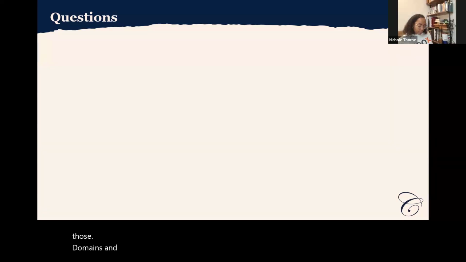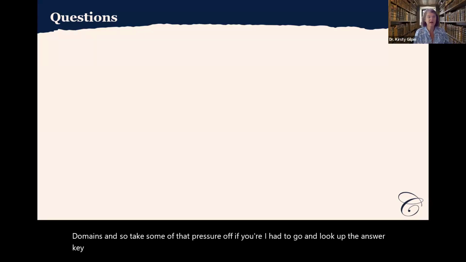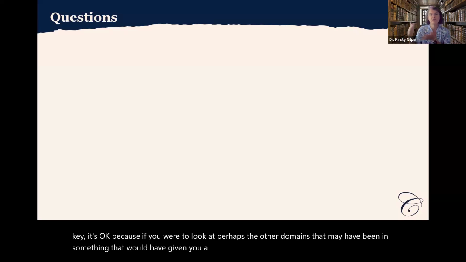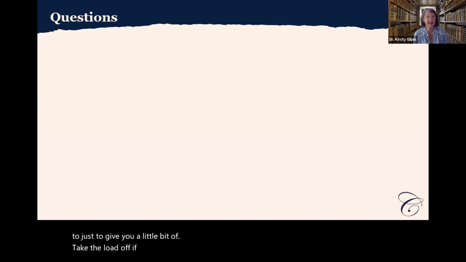So take some of that pressure off. If you had to go and look up the answer key, it's okay. If you were to look at the other domains, that may have given you a hint, if you had worked up through that. So just to take the load off if you feel like you didn't get it all the first time.